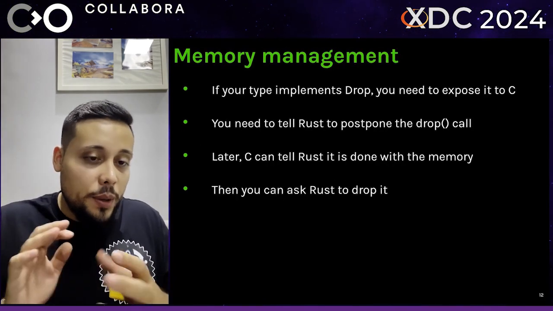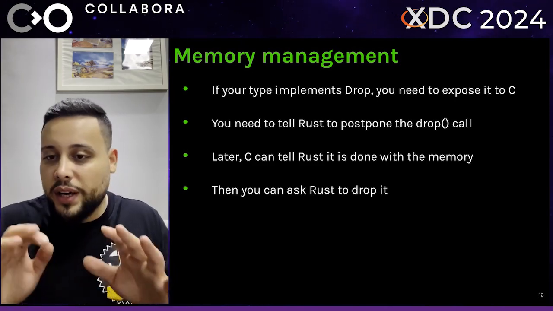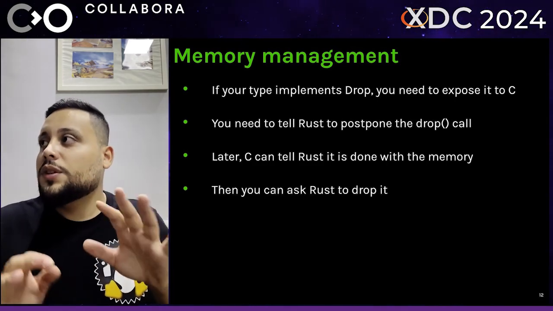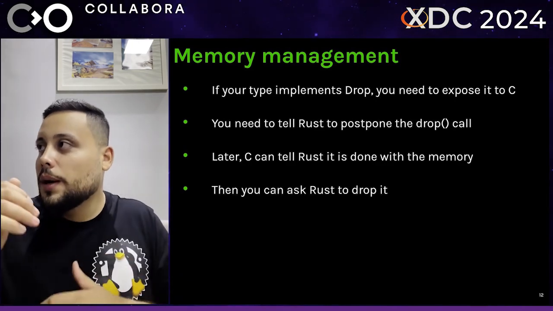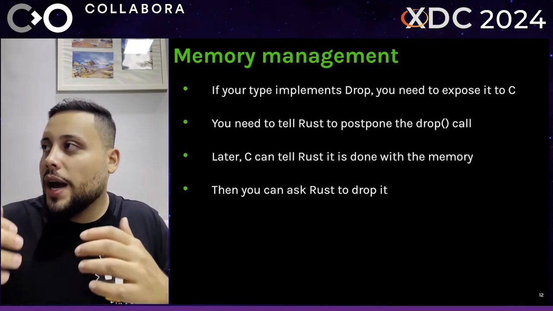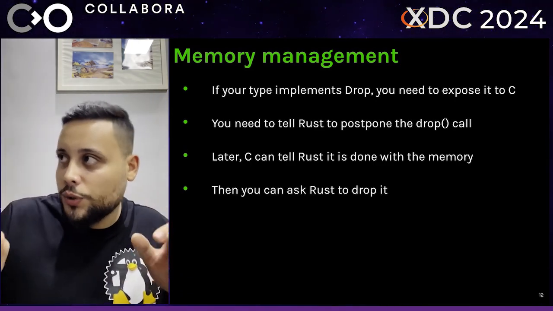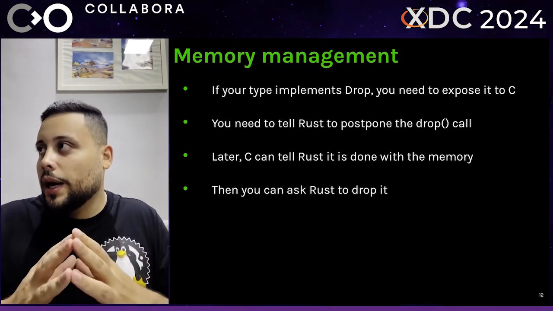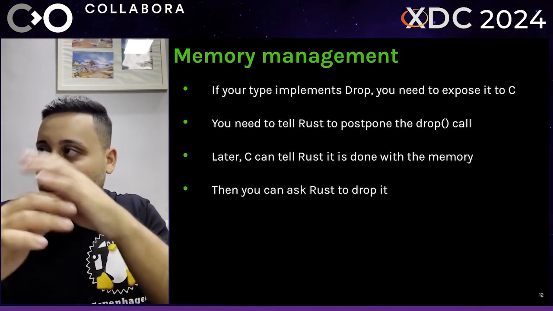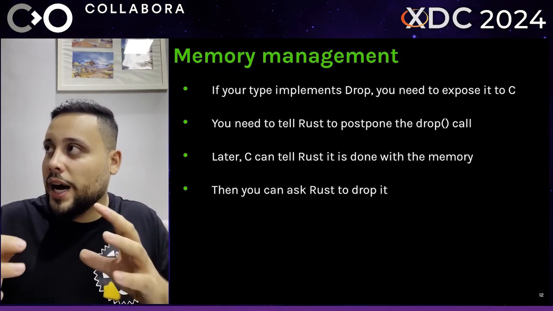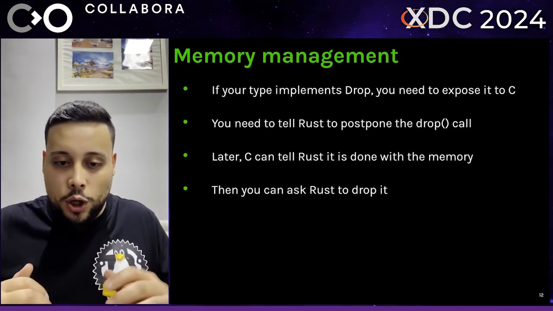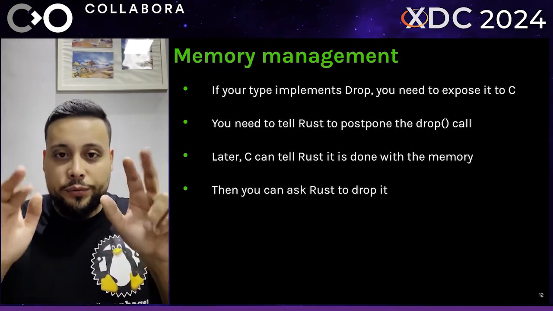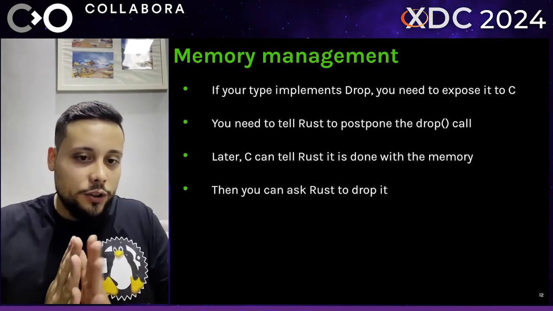And for memory management, we have to be a little bit careful because some types in Rust will allocate, and Rust has this RAII idea, which is sort of borrowed, quote unquote, from C++, where you acquire resources, and at some later time, once the Rust compiler notices that your type is going out of scope, it will place a call to free your resources, and this call is called drop, right?